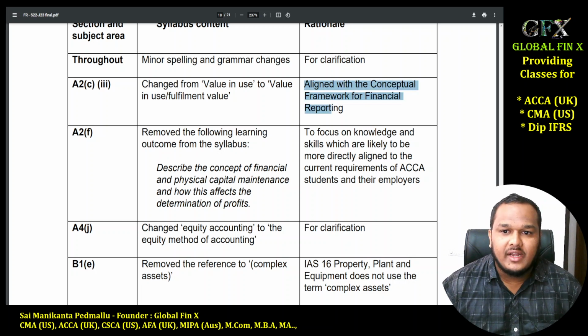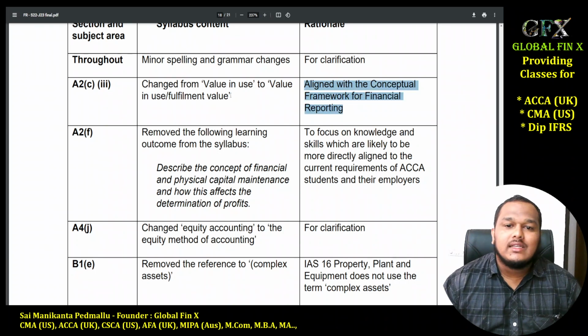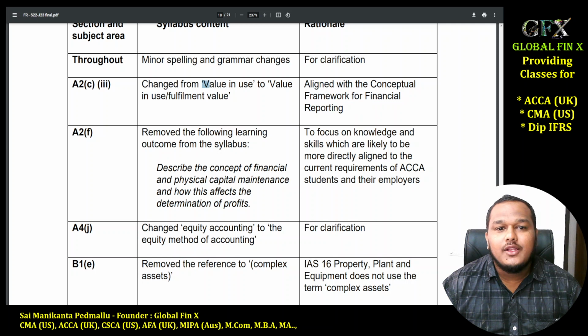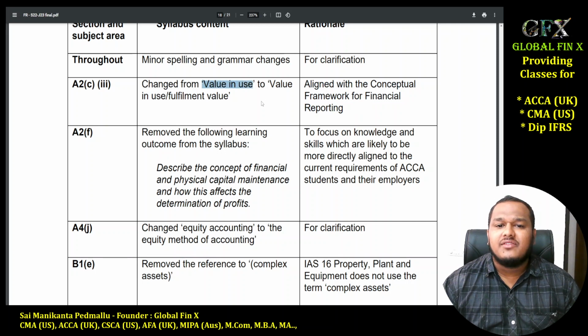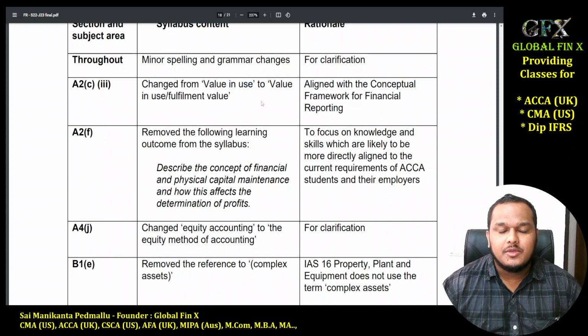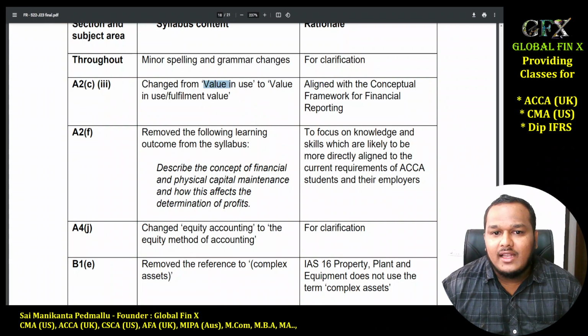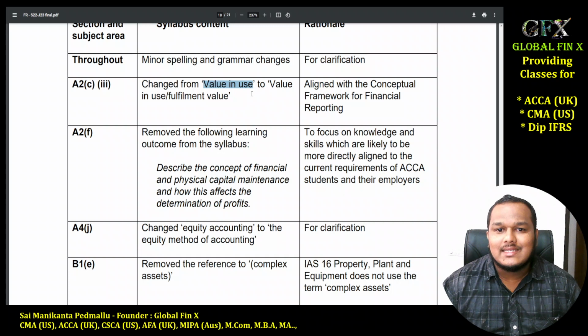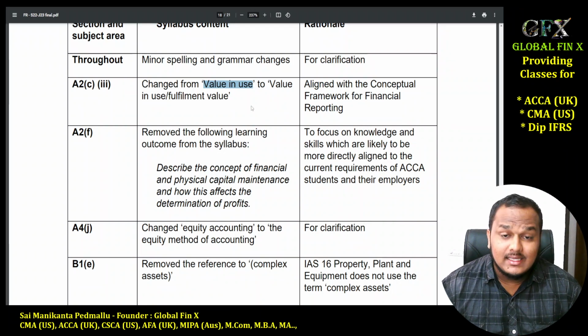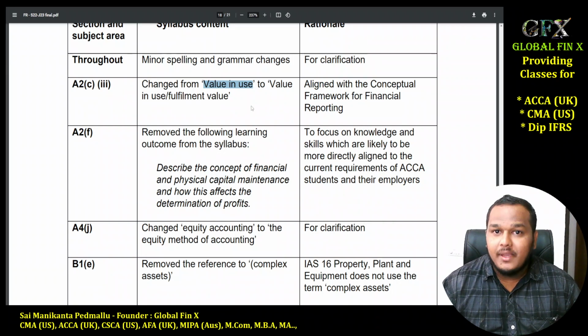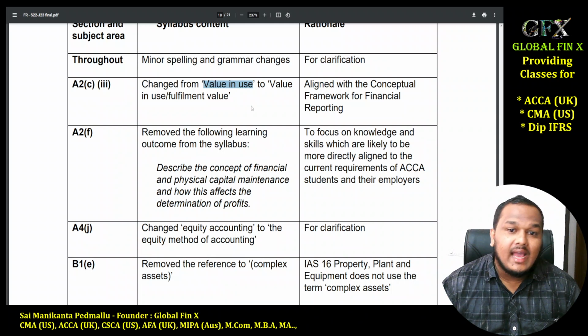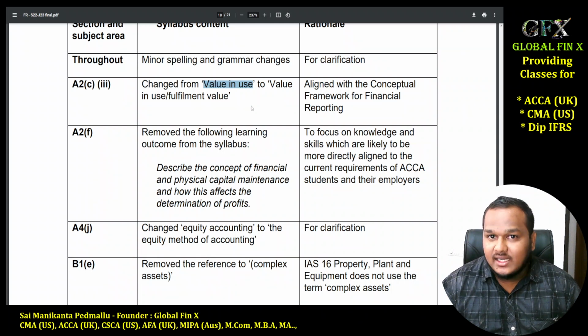In the conceptual framework for financial reporting, there are certain places where the term value in use is used. If you are already done with FR, you should know this: we use value in use in one particular standard, which is IAS 36. When you calculate impairment, it is the carrying amount minus the recoverable amount.